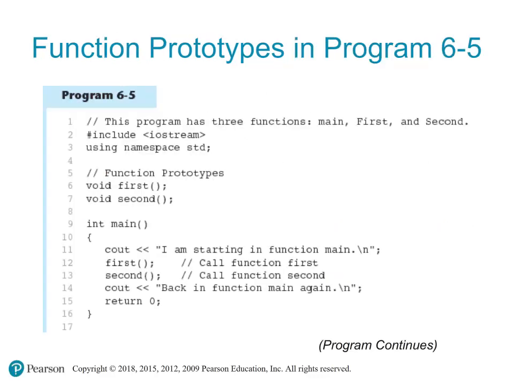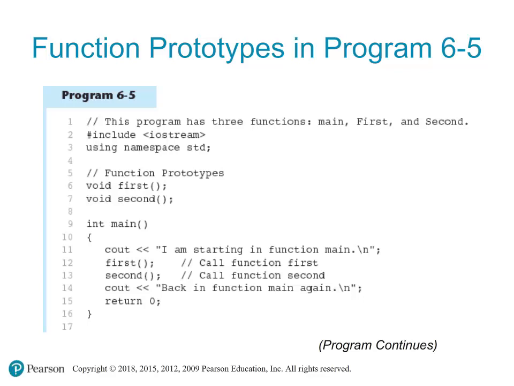Let's examine a program that uses multiple functions and function prototypes to demonstrate the flow of program execution. Void first and void second are function prototypes. They inform the compiler about the existence and the signature of these functions before they are called in main.